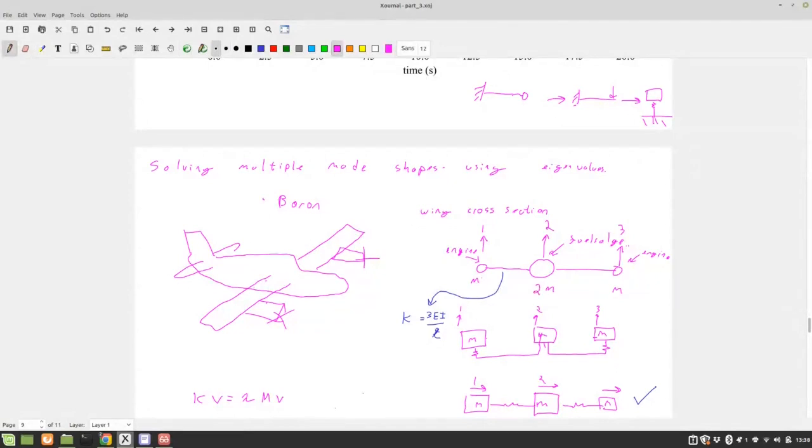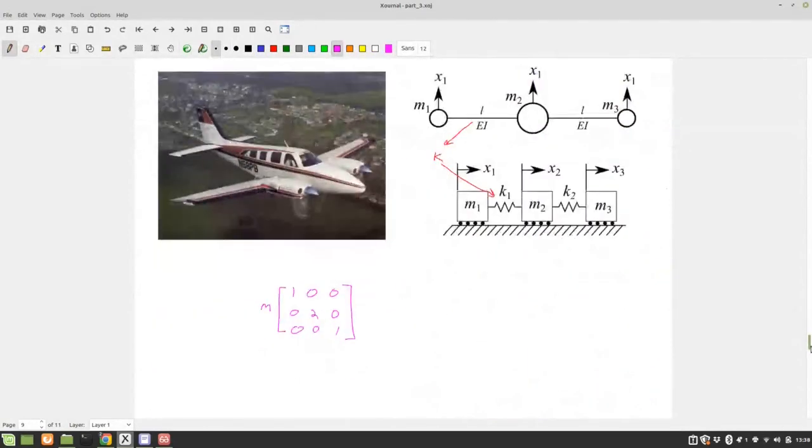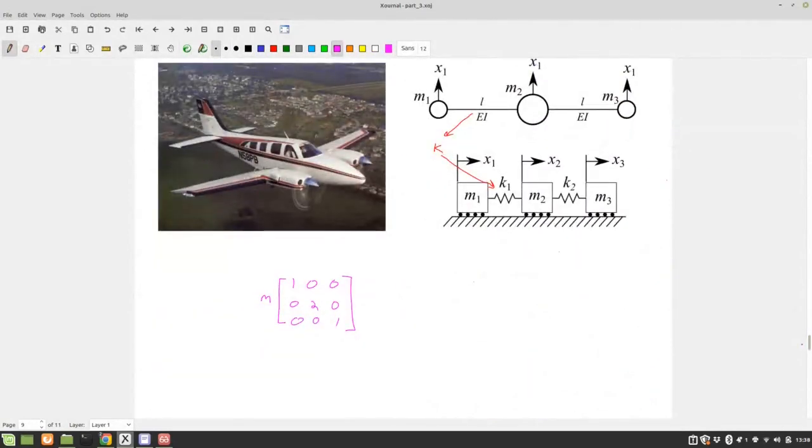We just make that 2. So that's our mass values. Do we have any damping? Oh wait, sorry. We need our vector. I'm lazy. I'm gonna just write x double dot vector plus. We have any damping? No. So we're just gonna drop that.